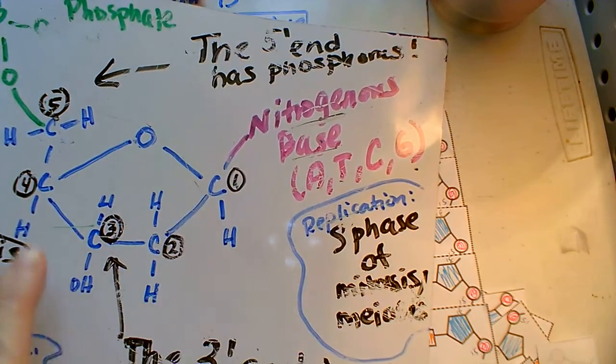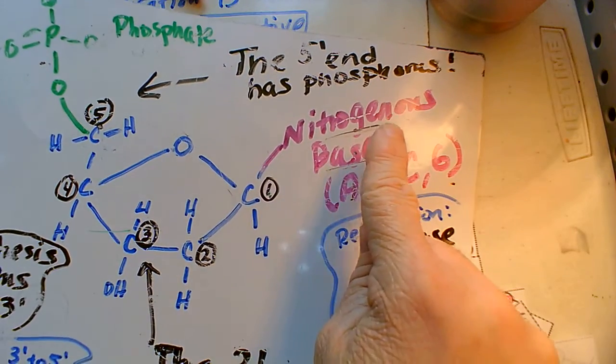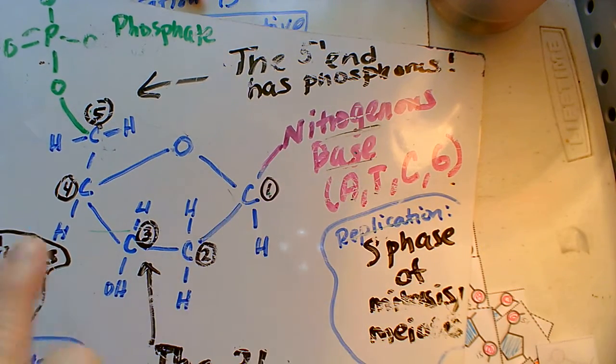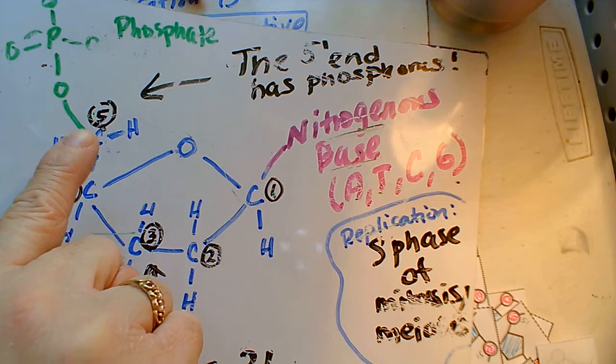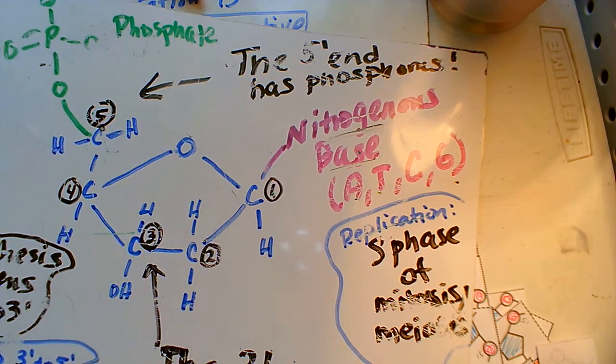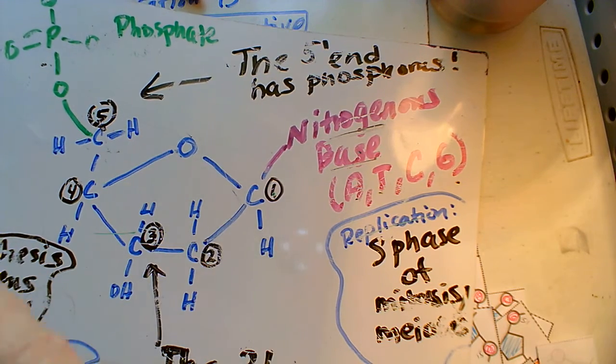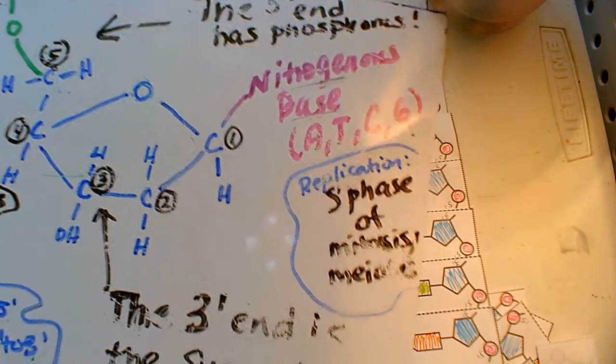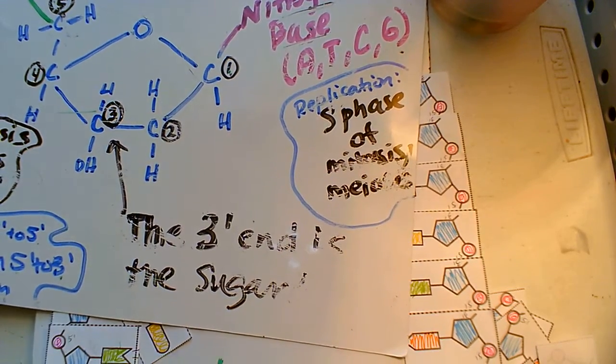Again, understanding that you've got deoxyribose in the middle with a nitrogenous base attached to this first carbon. You've got phosphate attached to this fifth carbon, and the bonding that happens along the backbone of the DNA, or along the outside of the ladder, if you will, right?